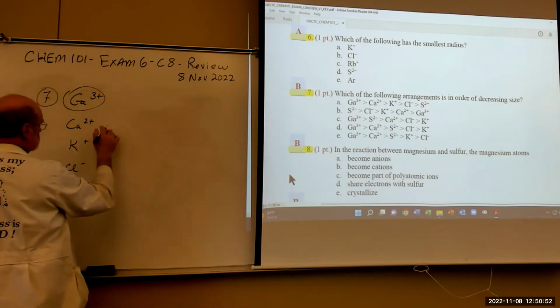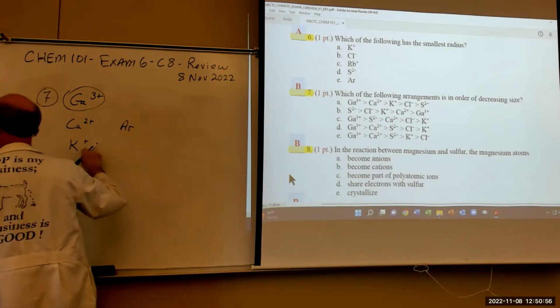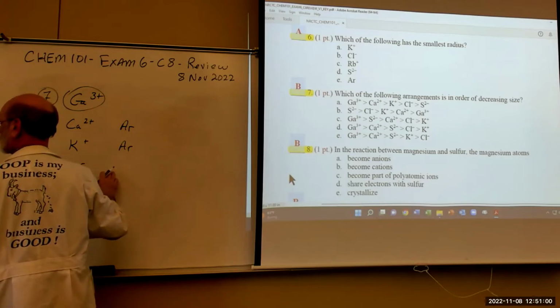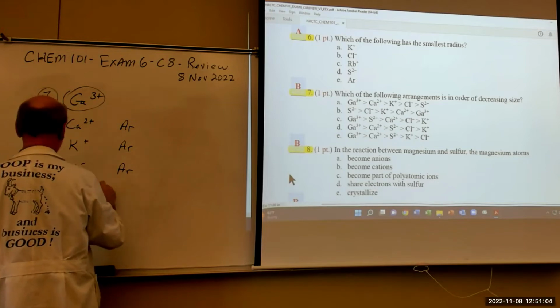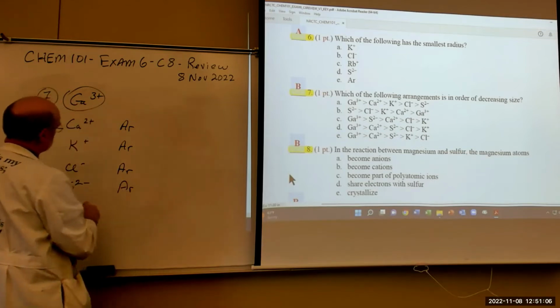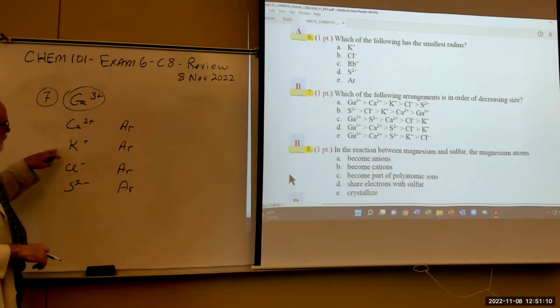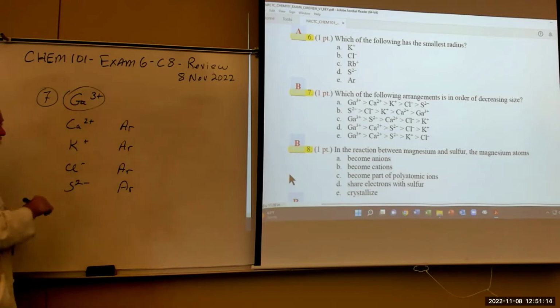Calcium is isoelectronic with argon. Potassium is argon. Chlorine is argon. And sulfur is argon. Okay. So it should be fairly easy to put these in order, like we did before. But then we're going to have to say, what do we do with gallium?